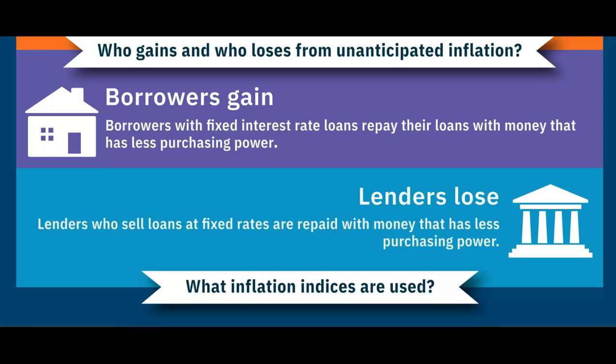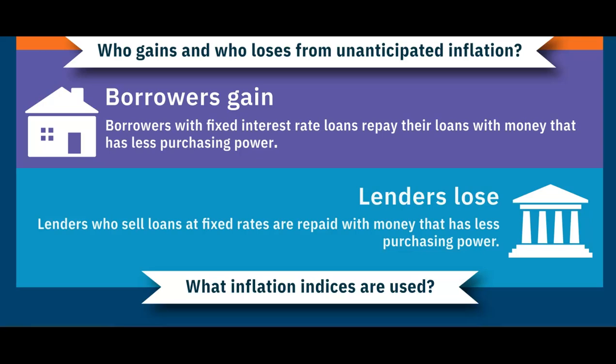But let's also talk about the winners and losers of inflation. So inflation is an invisible force that transfers wealth. When unanticipated inflation hits, usually borrowers gain and lenders lose. And so let's just imagine that you borrow $100 from the bank at a fixed interest rate. If massive inflation hits, then the value of a dollar drops.